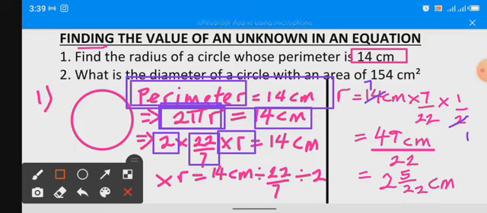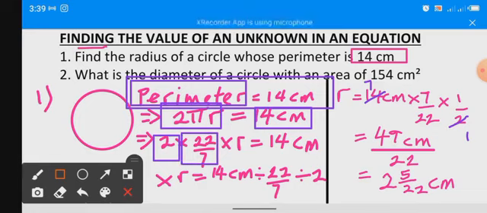Now what are we looking for? R. Our radius will be made to stand alone. Make the r stand alone. So how do you do that? You take the 2 as well as times 22/7 to the right hand side of the equation.